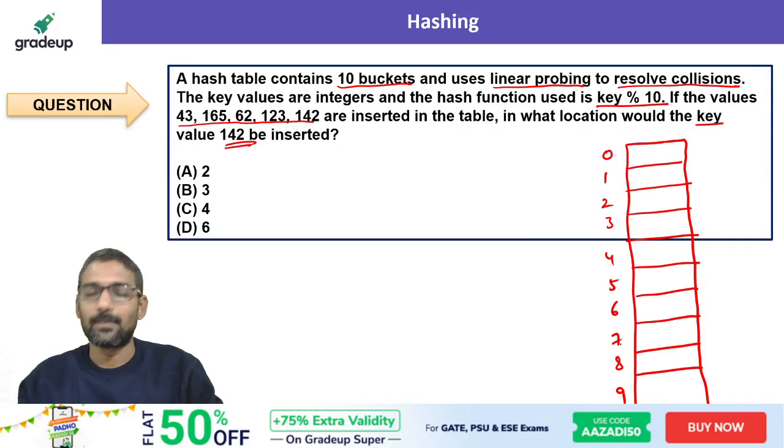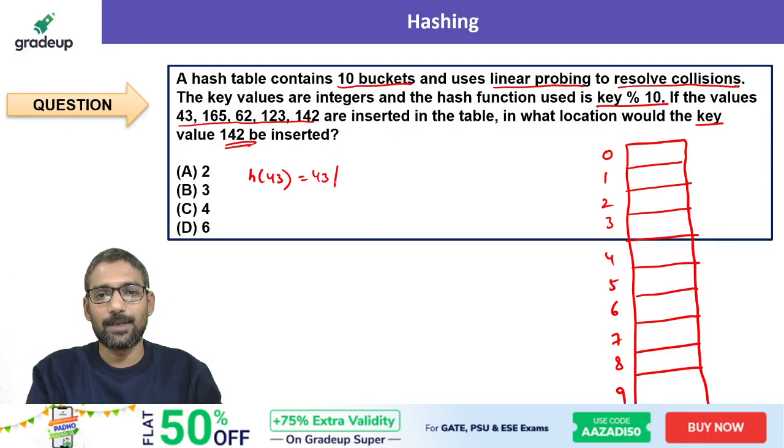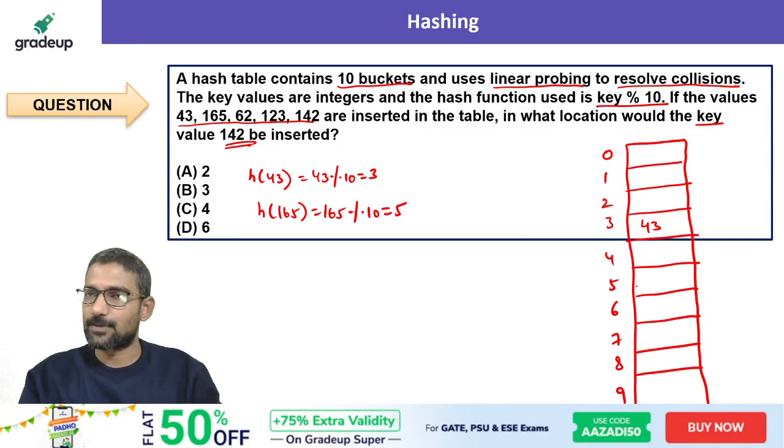Now what is h of 43? That is 43 modulus 10, 3. So 43 will be here. Then h of 165 modulus 10. So the 5 slot is empty, so it is placed here. H of 62 modulus 10, that is 2.